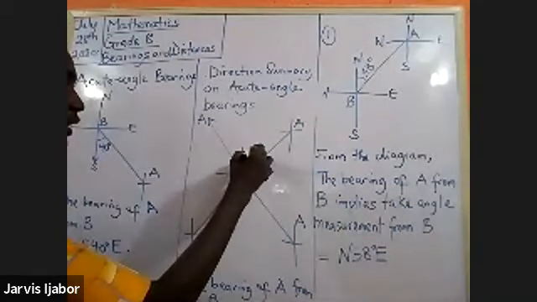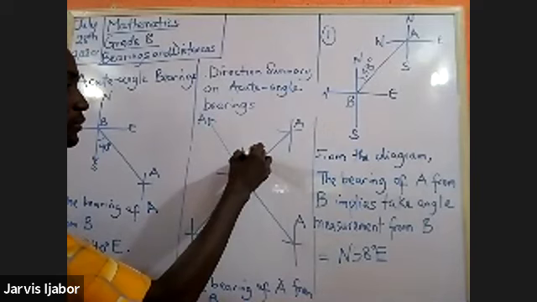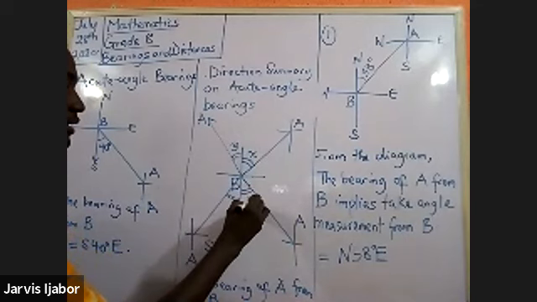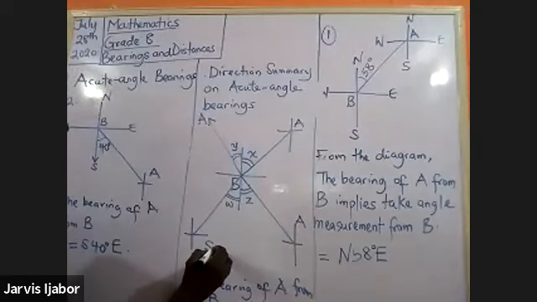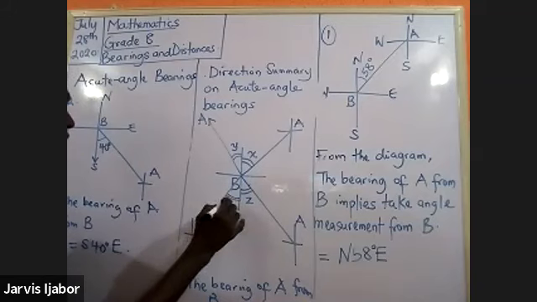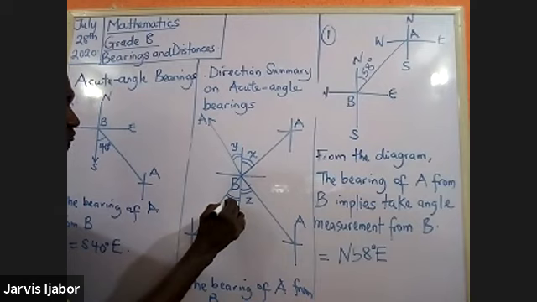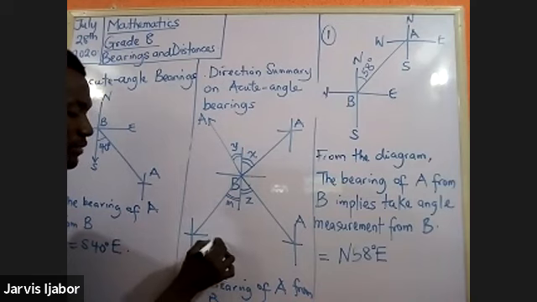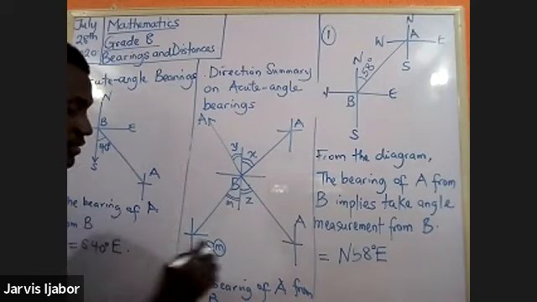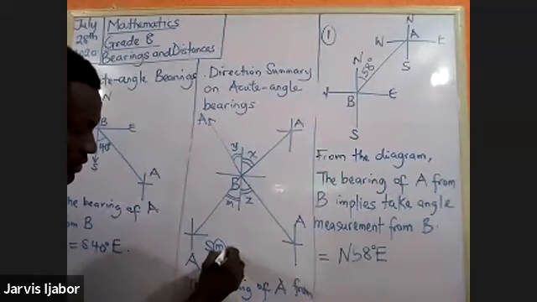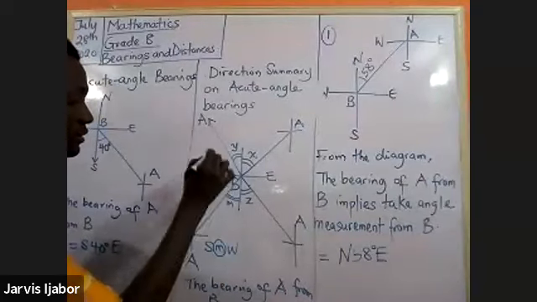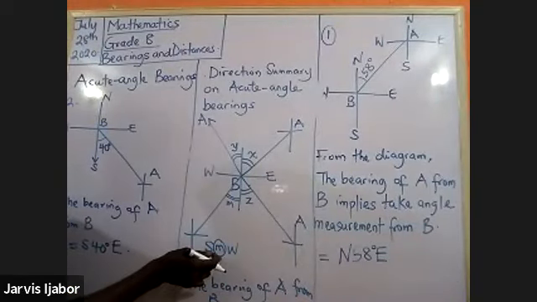Let me call these angles X, Y, Z, W. Let me call this one M. So this will be S, M, whatever M is, and it will be west, because this is east and this is west. So it will be S, whatever that angle is, west.